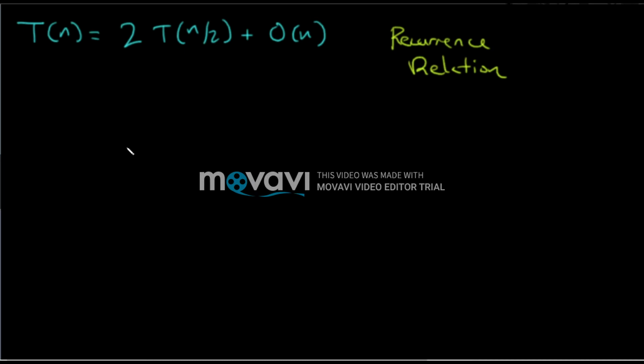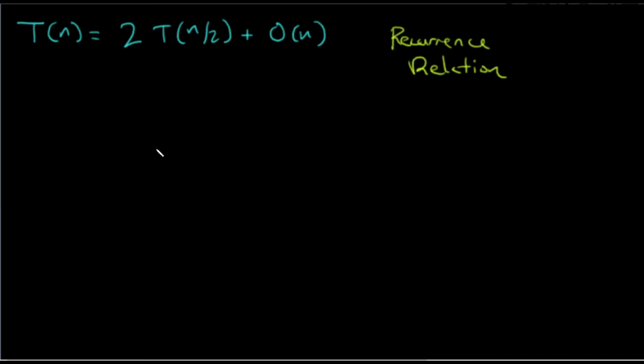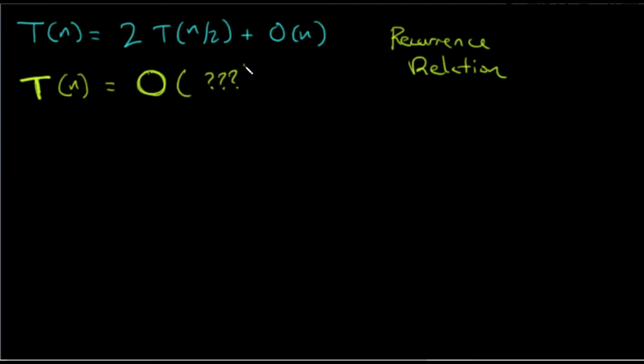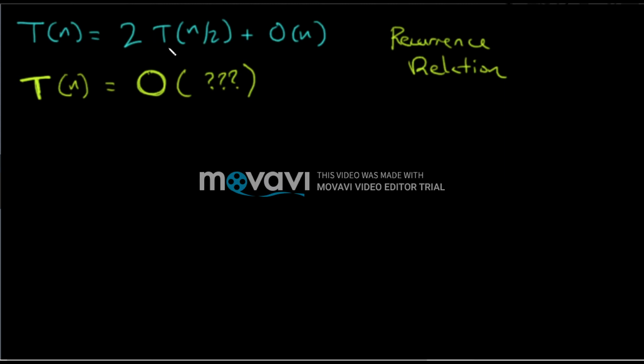And so what we're going to cover in this video is the recursion tree method, or the unrolling method, of solving this recurrence relation. Our main goal here is to answer the question, T of n is equal to O of what? Right here we have a relation where T is equal to some function that is dependent on T, and we want to eliminate that.